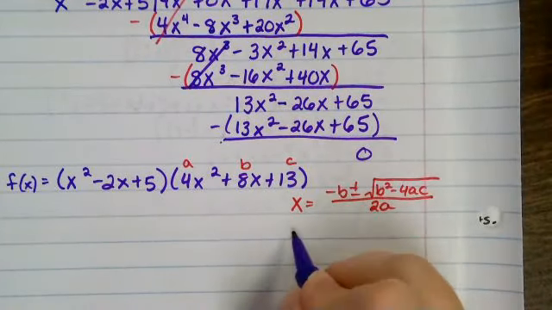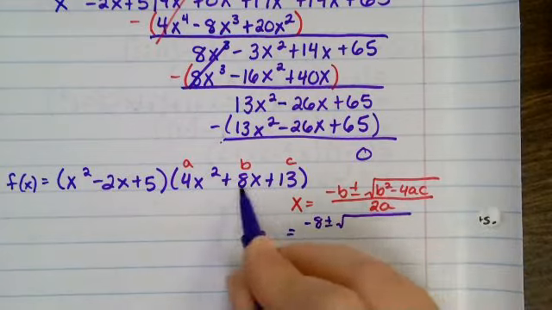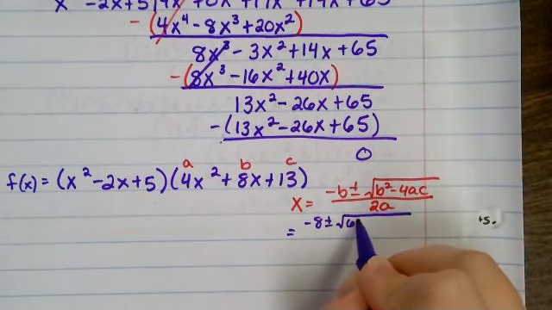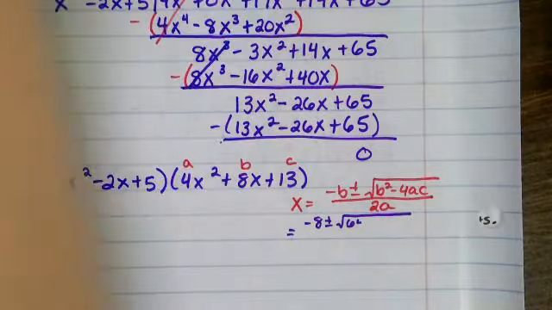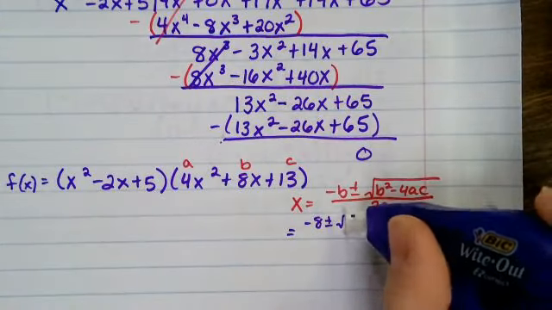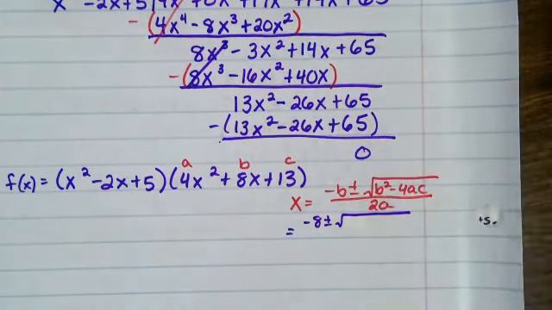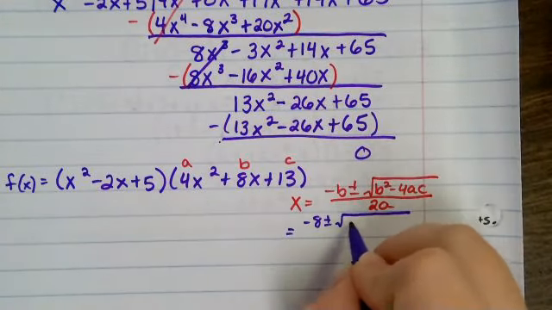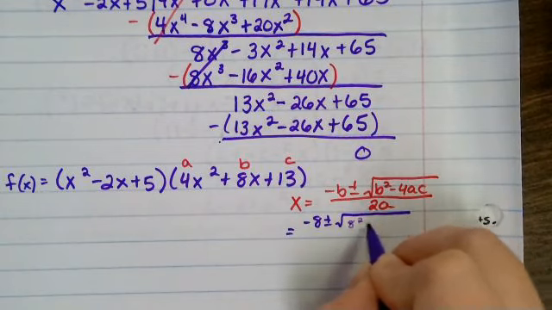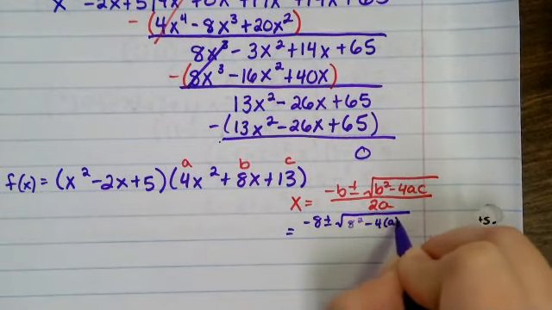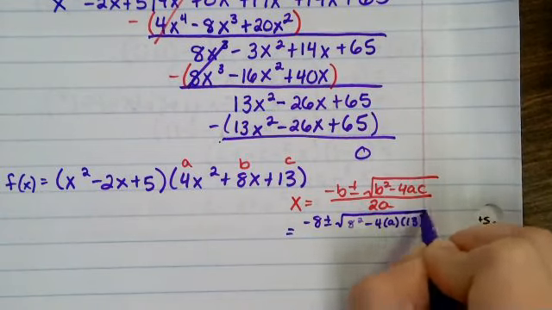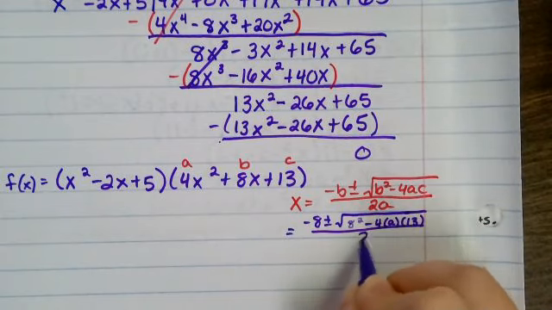Okay, this is negative 8 plus or minus the square root. 8 squared is 64. Sorry, I should probably write that all the way out. A lot of times I do part of it in my head, so I don't have to do as much work. 8 squared minus 4 times a times 13, all over 2 times 4.